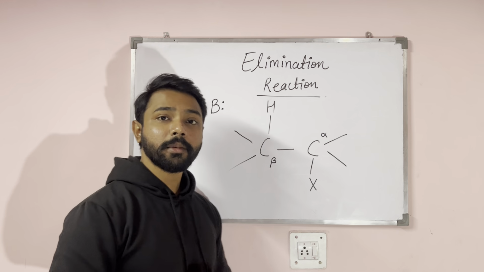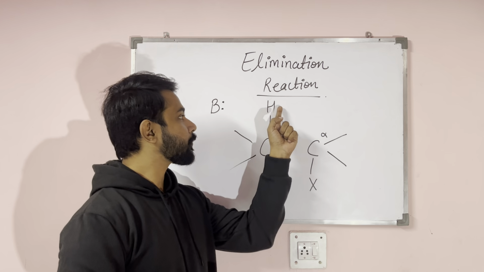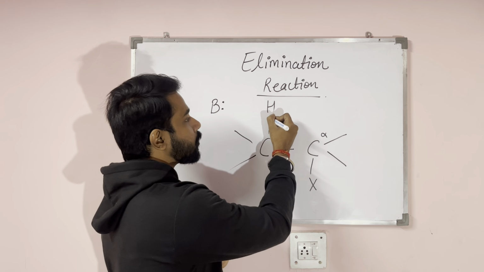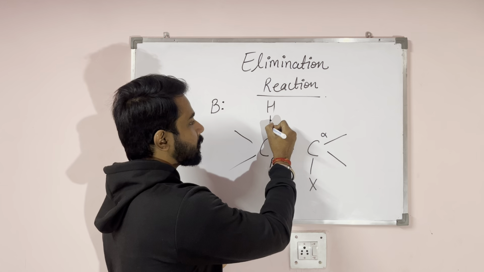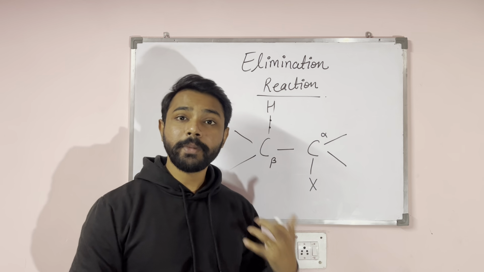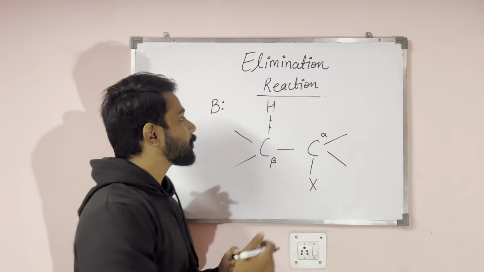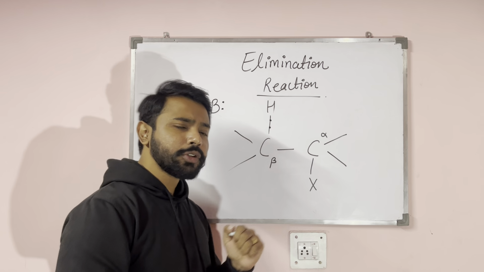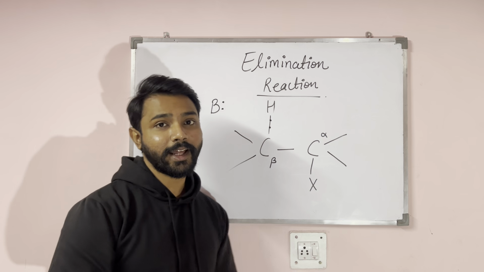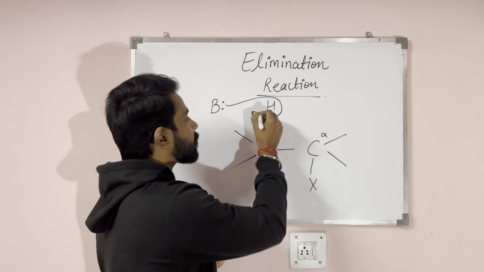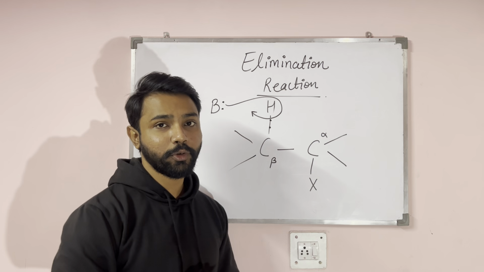As the beta carbon is electron deficient, this hydrogen will be acidic in nature, because the electrons between the C-H bond are shared towards the beta carbon. This hydrogen is attached to the beta carbon, so this beta hydrogen is acidic in nature, and that is why the base will abstract the beta hydrogen.